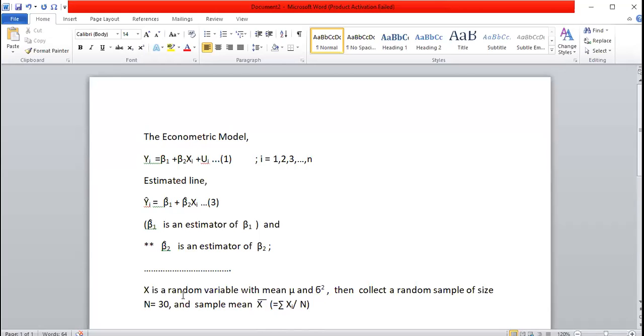Once again, last time I'm reminding you, and I will not talk about it anymore. X is a random variable with mean mu and variance sigma square. Then collect a sample of size n.